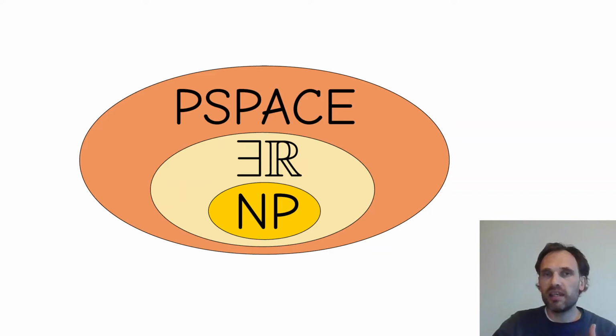Then ETR is contained inside PSPACE, and that's because someone called Canny came up with a very sophisticated algorithm using algebraic methods, and then other people did similar algorithms, and these algorithms could be shown to be in PSPACE, but they're more of a theoretical type of algorithms. You don't really want to implement them in practice. But this shows PSPACE membership, which is non-trivial.